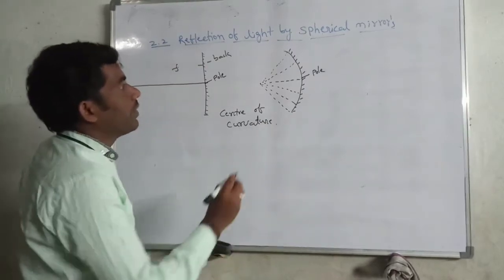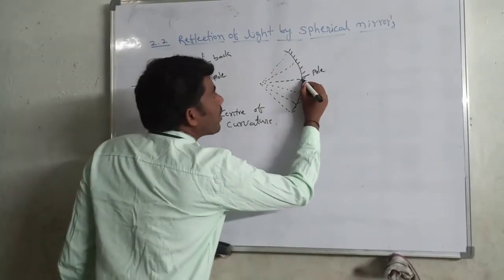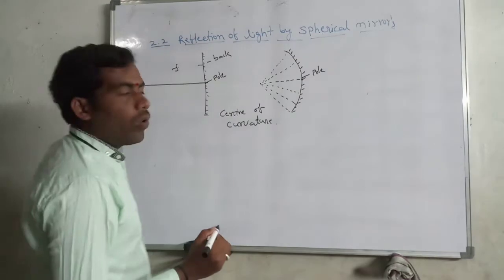So the main thing: at this point, the middle point is called the pole.